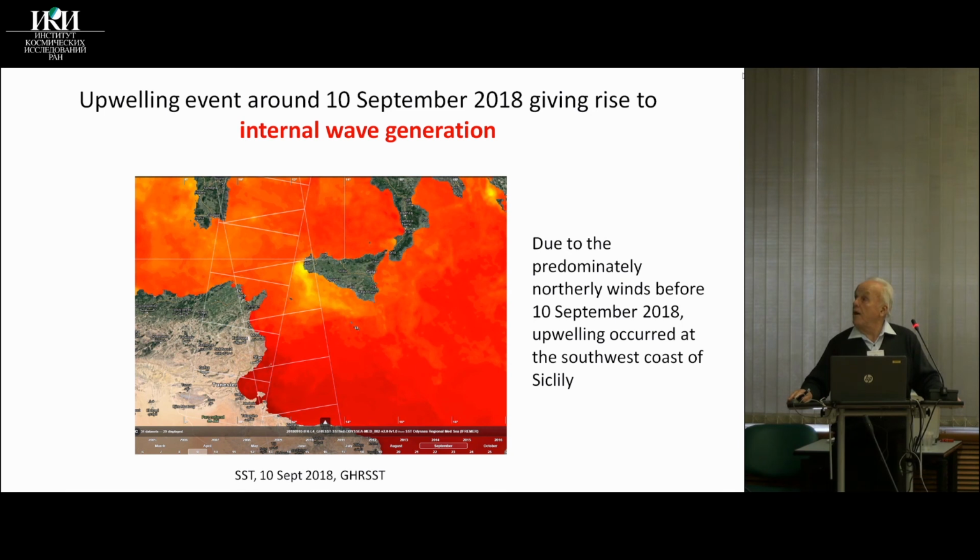These are internal waves. And again, here is the SST image obtained from this website. In this SST image enter data from several infrared sensors, and you can see here that there is upwelling that occurs mainly here, and that it is then transported somehow further south.